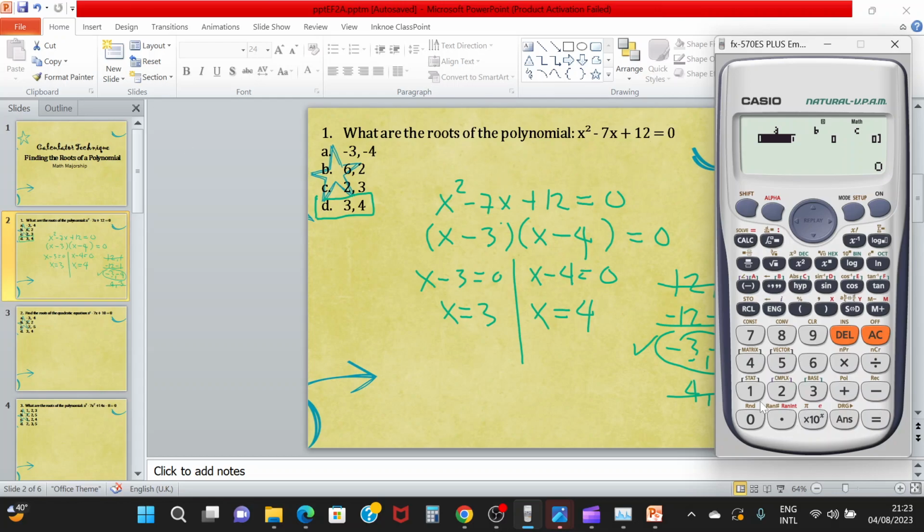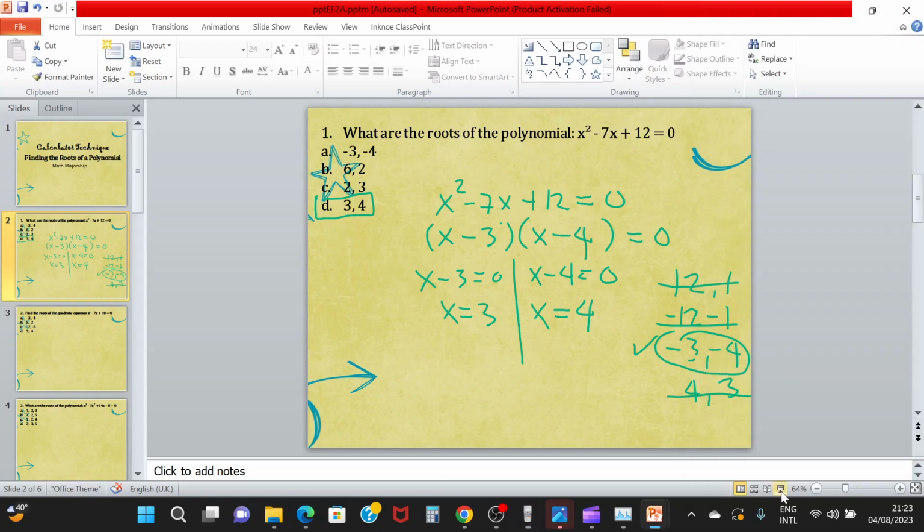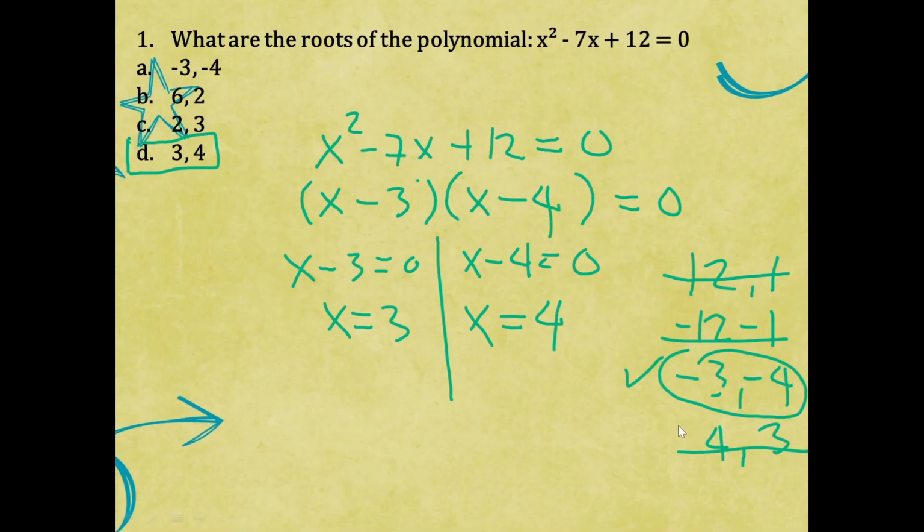So, we have your x squared, this is equal to 1, equals, huwag kakalimutan ang mga equals, and then negative 7 equals, and then 12 equals, and then equals, x sub 1 is 4, and x sub 2 is 3, and that is also the same as letter D. Okay? So, napakadali. So, let's go to item number 2.